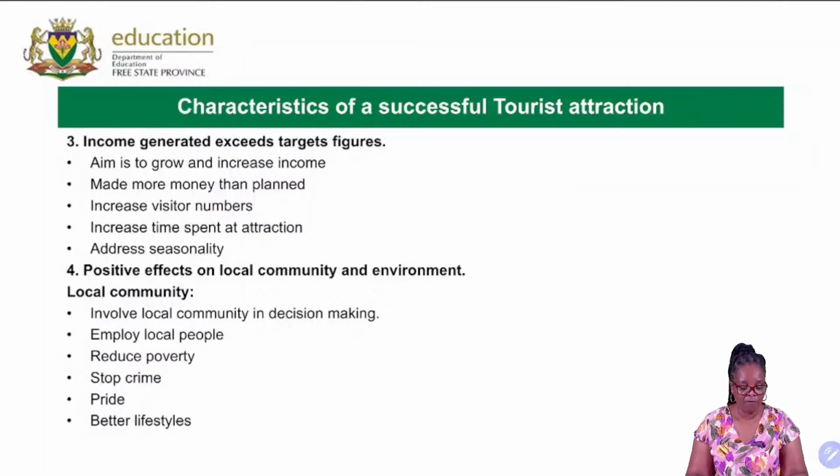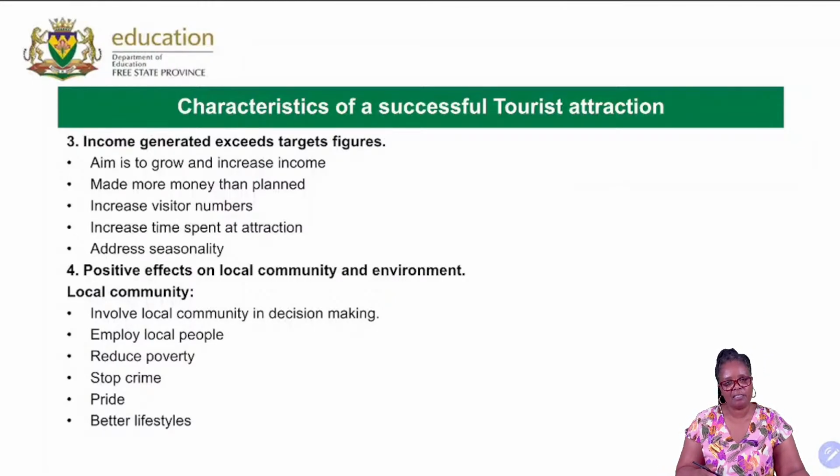If you have planned as the attraction management that monthly you are targeting to have 100,000 as your income from money generated from the tourists, then you get more, you get 120 or 150, then we know that this attraction is successful.